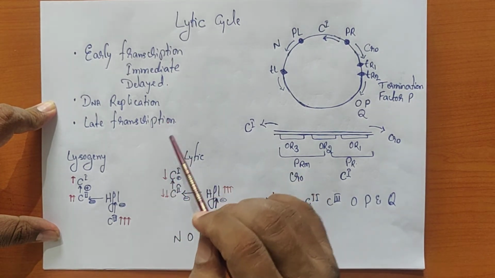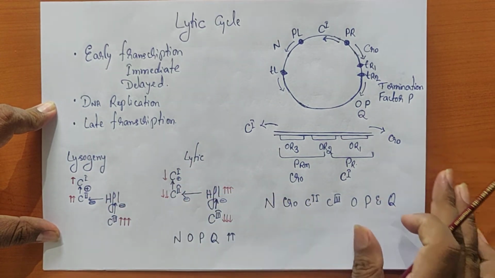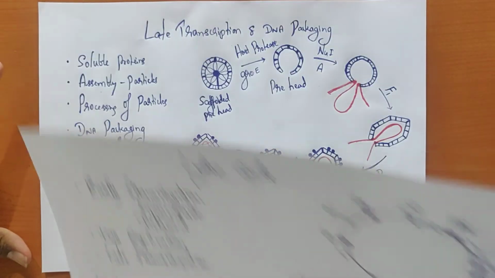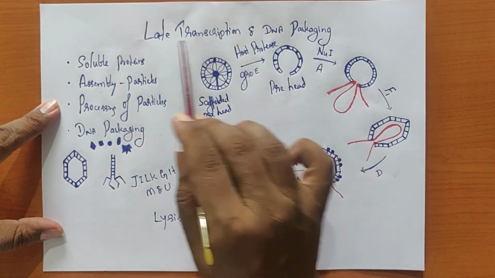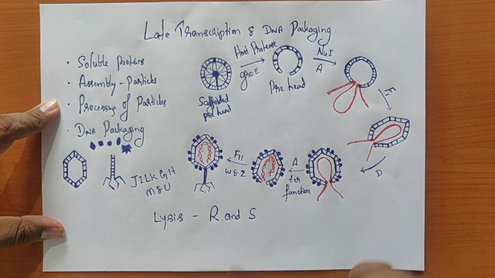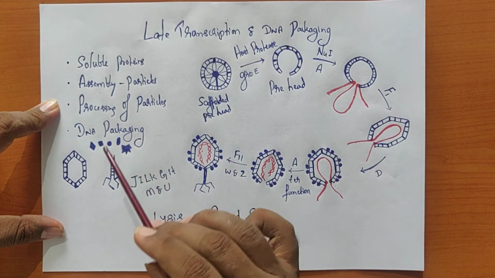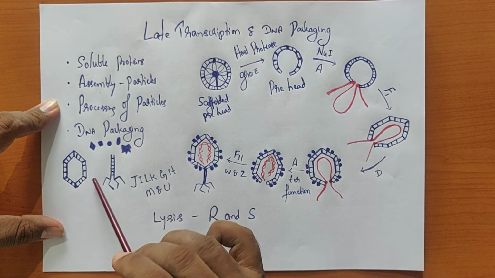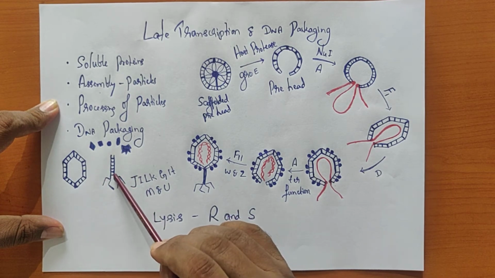In this particular video, we will discuss the late transcription process, as well as DNA packaging. Once the DNA replication is over, the next step is the synthesis of various proteins responsible for the assembly of the head as well as the assembly of the tail region.